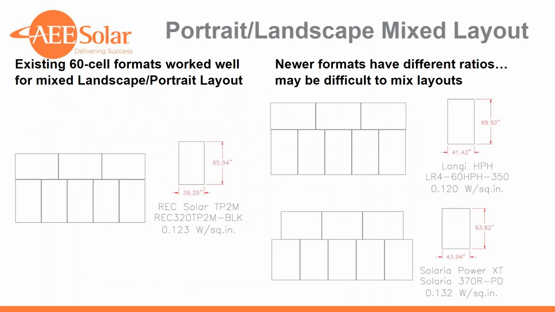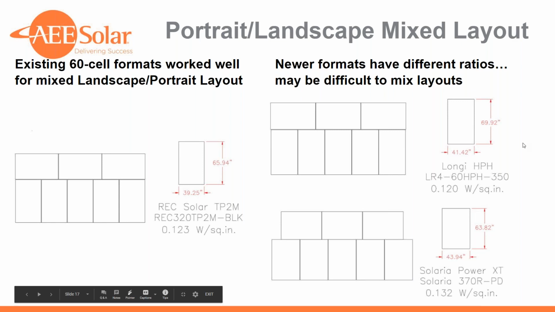We also talked about how mixed orientations would work with some of these formats. With the REC on the left and the Longi on the right, you're able to mix orientations with really minimal impacts. So not exactly 2-to-1 here, but you're seeing that the 5 portrait and 3 landscape lines up really closely.